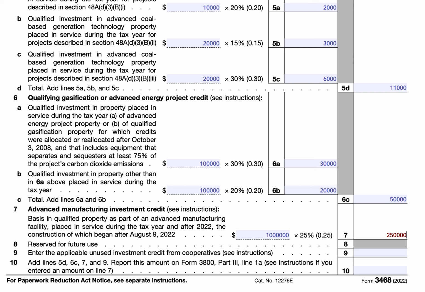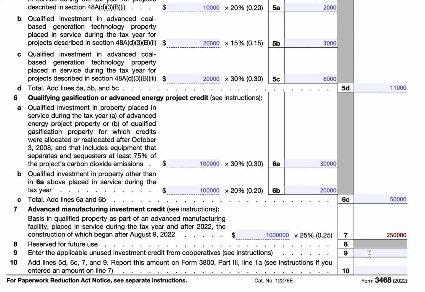In line 8, we won't use that because the IRS has set that aside for future use. Any unused investment credit from cooperatives would go into line 9. So if you are a co-op, then you would have to refer to the instructions for IRS Form 3800, the general business credit, to allocate investment credit to your patrons.